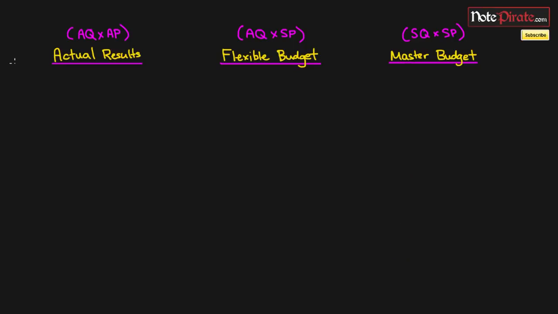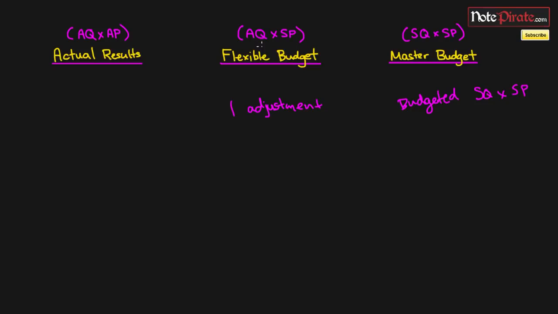For instance, the master or the static budget, let me just clear this really quickly. The master or the static budget uses standard quantities and standard prices, also known as budgeted quantities and standard prices. So this is your most budgeted budget, your purest budget, because there is complete forecasting here. There are only estimates. And the only difference between the master budget and the flexible budget will just be one adjustment, and that is to the quantities.